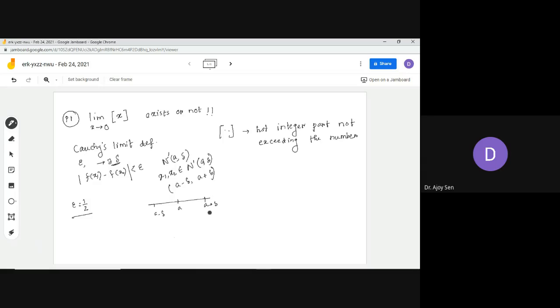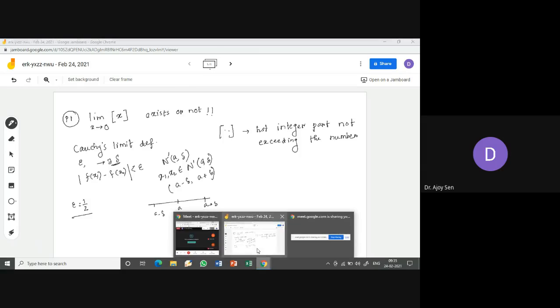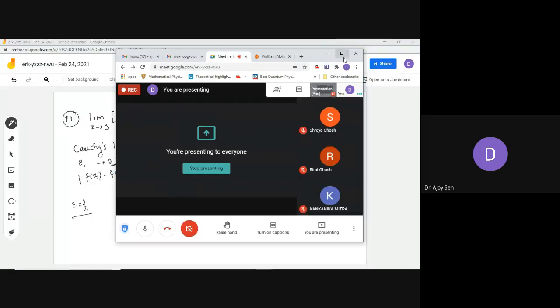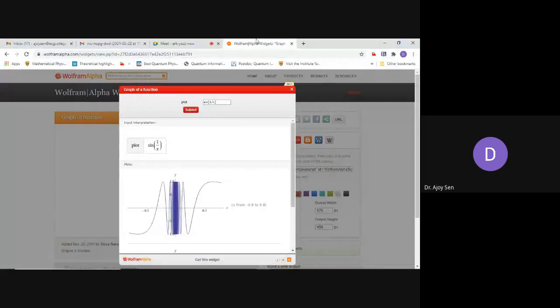So that was one problem from the previous day. Okay, for the problem I gave another day, I opened this website called Wolfram Alpha. Basically this website has a very good software, which many of you may know, called Mathematica. It's a very good website, not only for mathematics but in different ranges and domains of science.